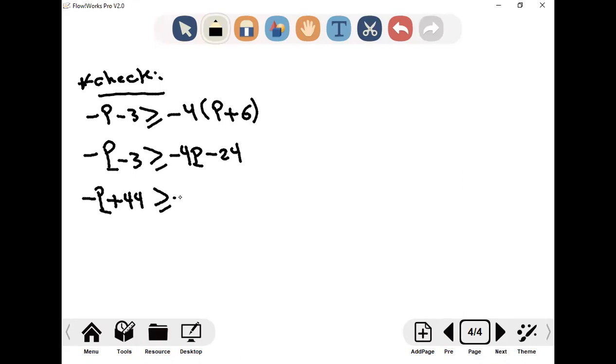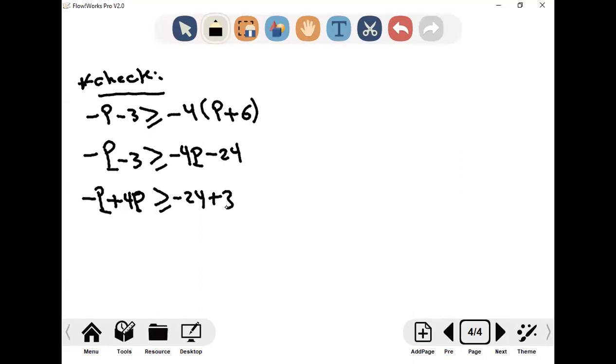Here, negative 24. Plus 4p, right? Yeah. Negative 24 plus 3. Did I change the sign? No, I'm shifting, meaning I'm adding and subtracting. I'm not dividing or multiplying.